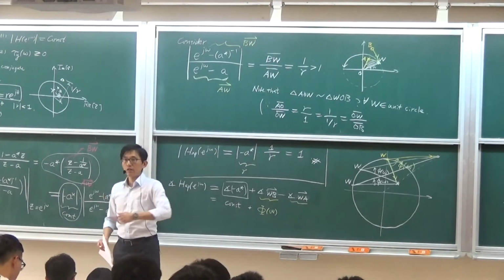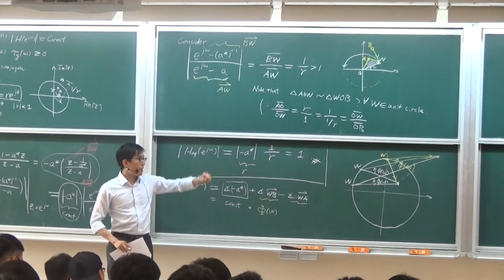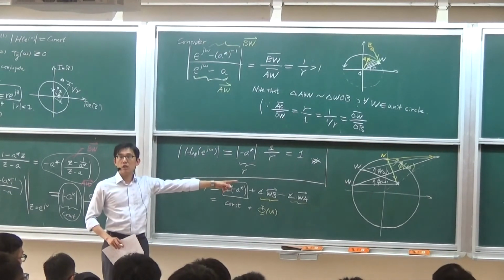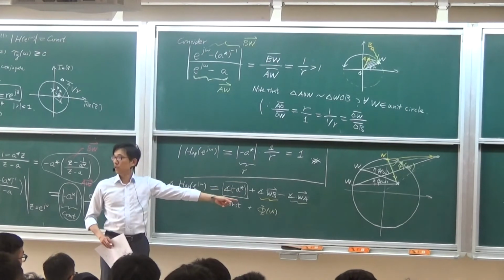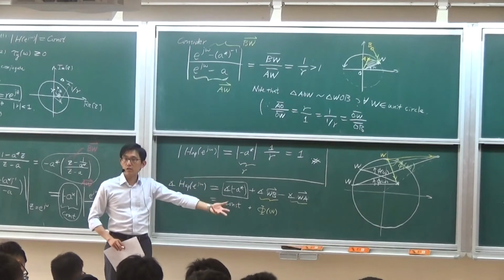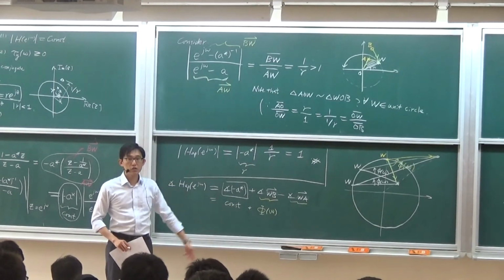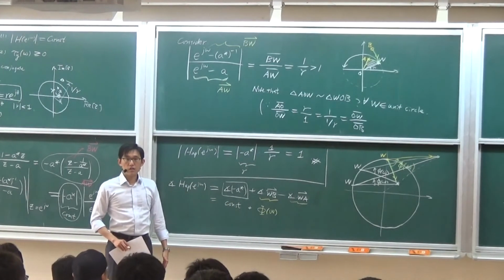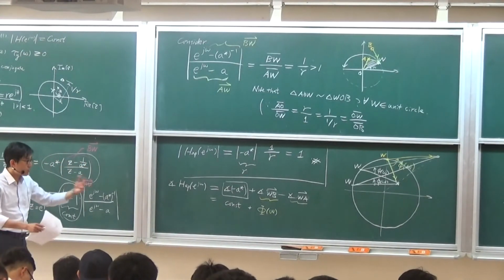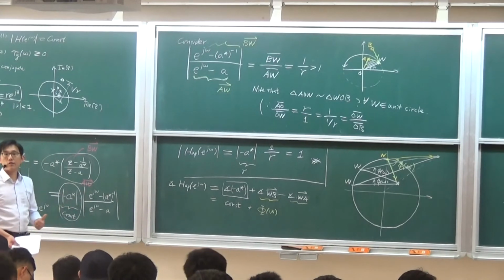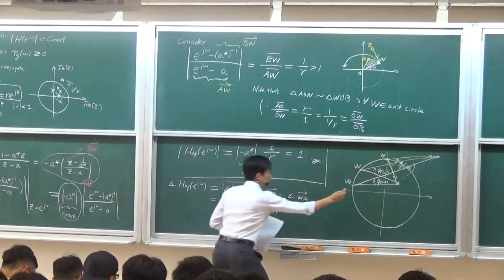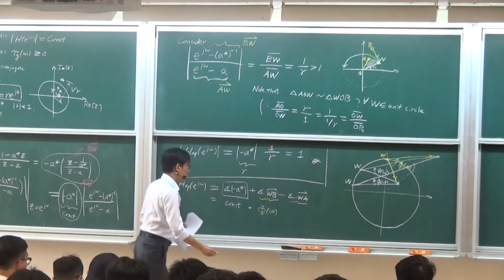Can we convince ourselves that as W is moving around the unit circle, phi of omega decreases monotonically? Because if it does, then the group delay will never be negative. So that's the geometric interpretation we may come up with for this all-pass system. The phase response actually is a constant plus phi of omega.